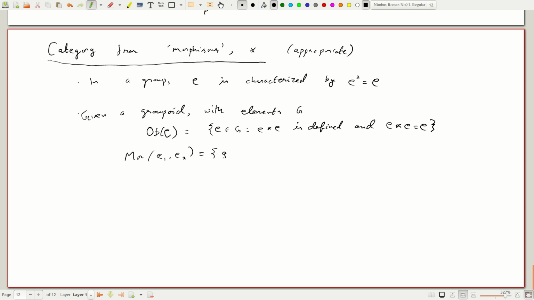Then you look at the set of all elements in G such that E1 star G and G star E2 are defined, and E1 star G equals G and G star E2 is G. By the way, the latter will happen automatically from the properties of idempotence.